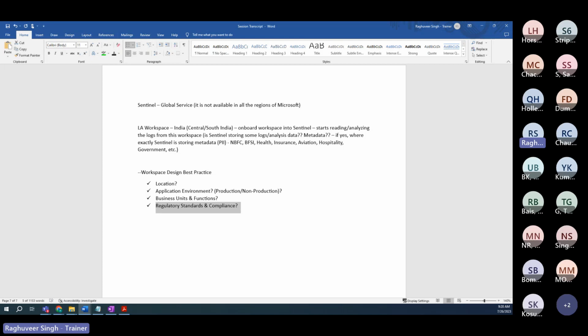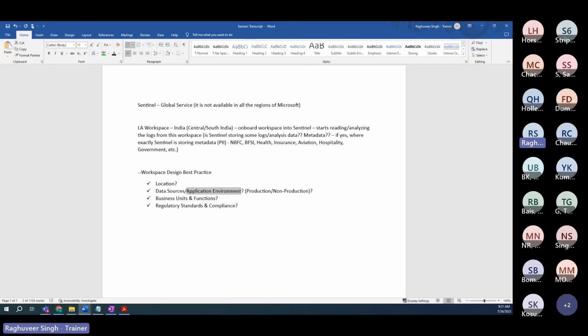Then comes the application environment, and application environment is also related to data sources. So my data sources or application environment. Now, the question is, do I want to log? Do I want to analyze the log? What is my data source and what type of applications do I have?